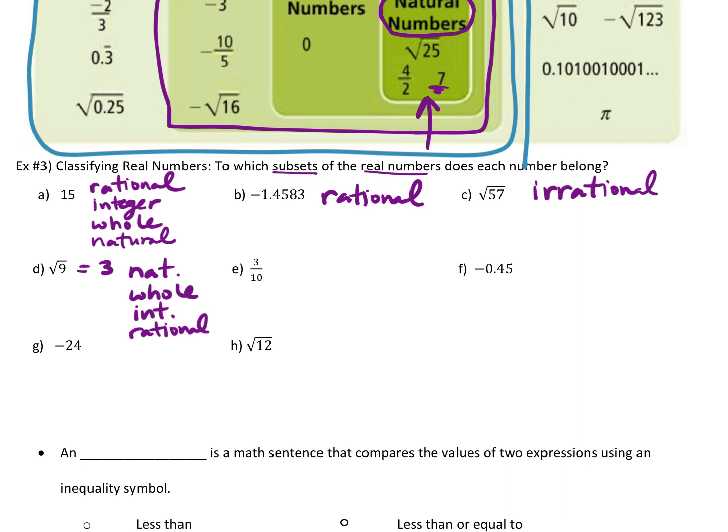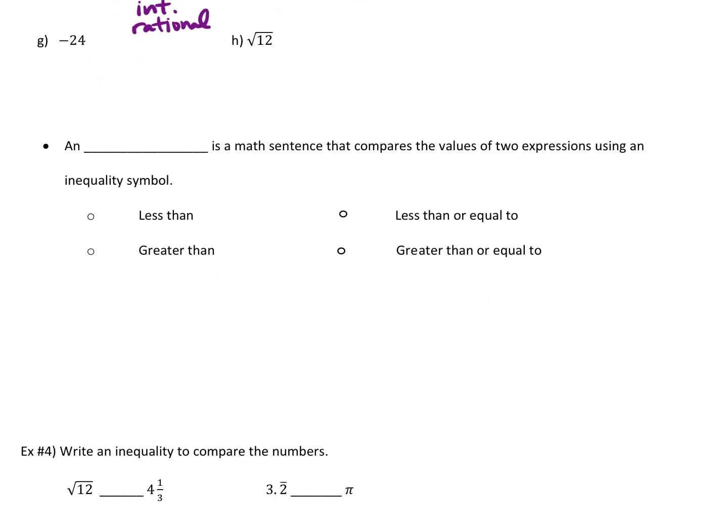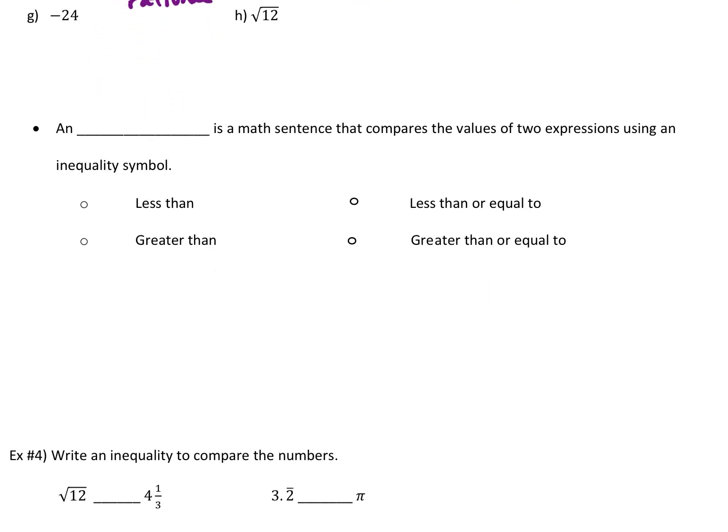It's rational. It can be written as a fraction. It is rational. Okay. I'm going to let you try those other ones on your own later if you want. I always will put more examples than we necessarily need. But if we have time, I'll go to some of those, okay? We're not going to do those ones right now because I want to make sure we're going to get through the rest of this.